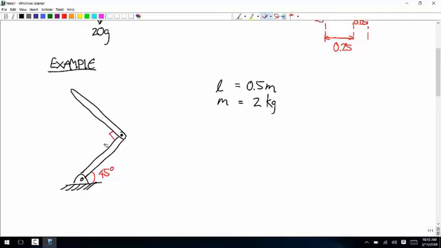We'll call this member 1 at the bottom, and this member 2. And we'll say that at the instant shown, the angular velocity of member 1 and the angular velocity of member 2 are both negative 10 radians per second.